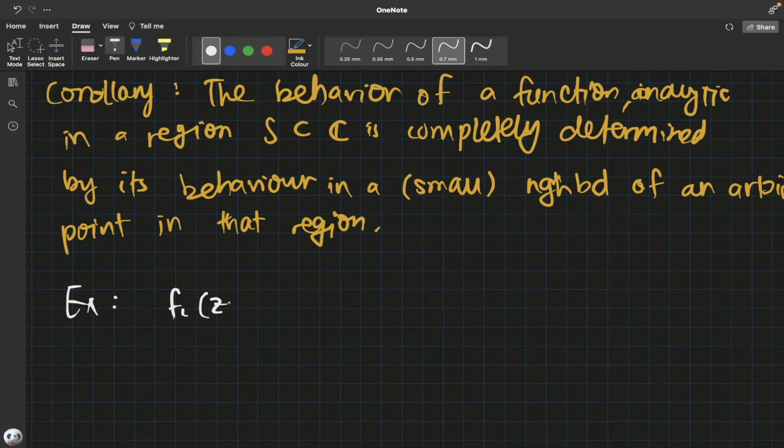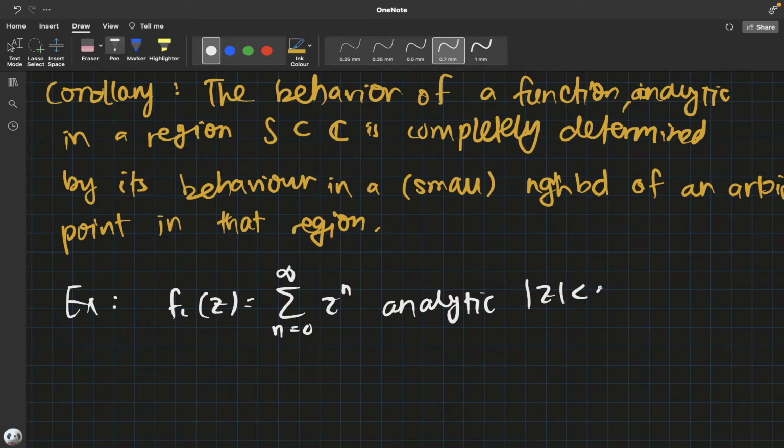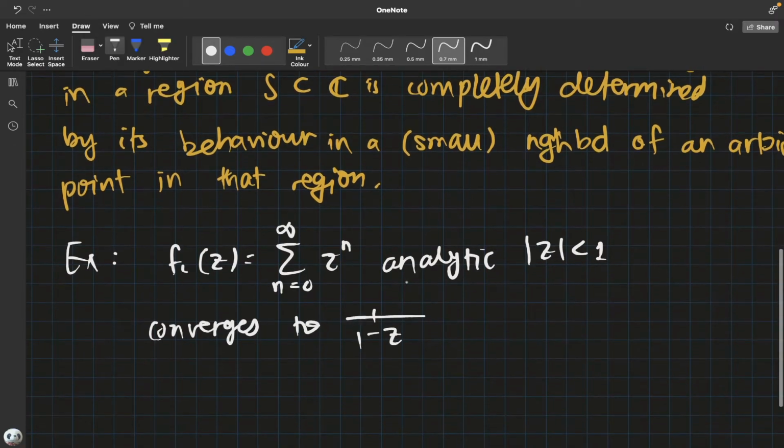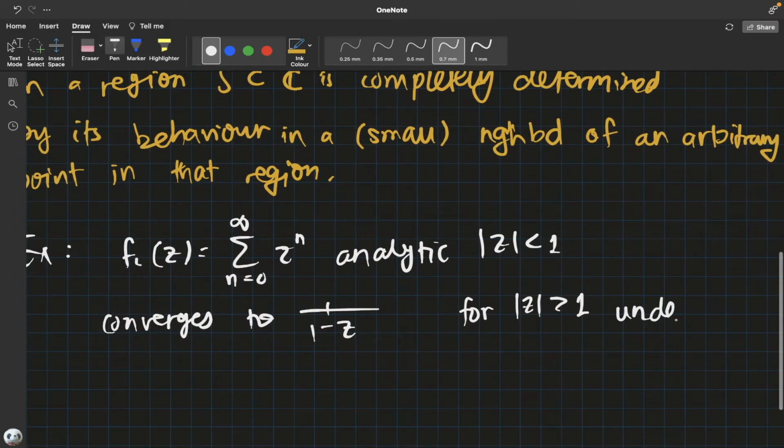So consider f1 of z, the sum from n equals 0 to infinity of z to the n, the geometric series, which is analytic and converges for absolute value of z less than 1. It converges to 1 over 1 minus z. Otherwise, it's undefined. It doesn't converge.